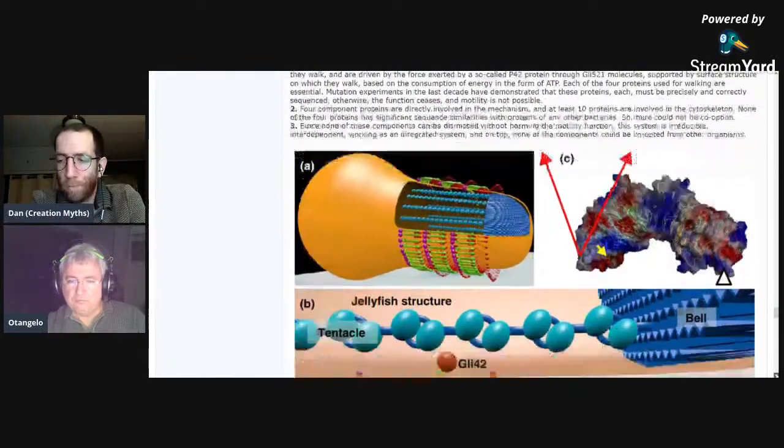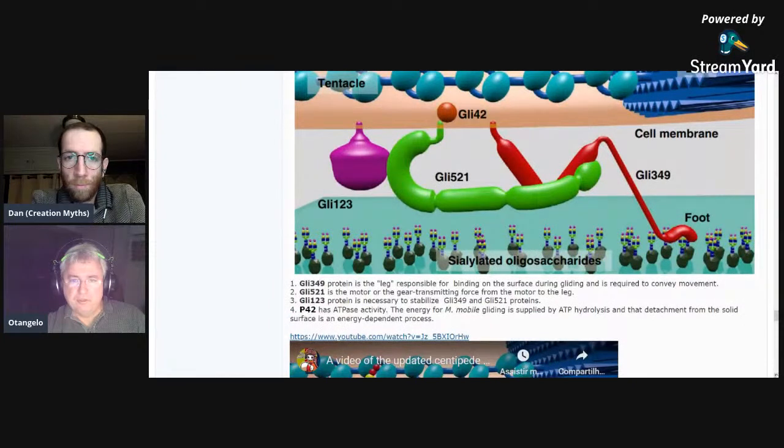So here we have the illustration of this mechanism. There is one, the Gli349. That is the protein, the leg, responsible for binding on the surface during gliding and is required to convey movement. That is that red part here. Then secondly, the Gli521 is the motor, or the gear transmitting force from the motor to the leg, that green part here.